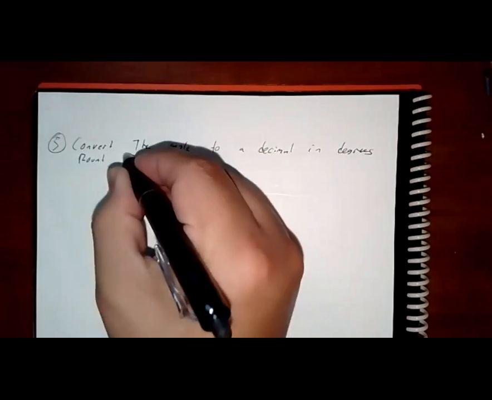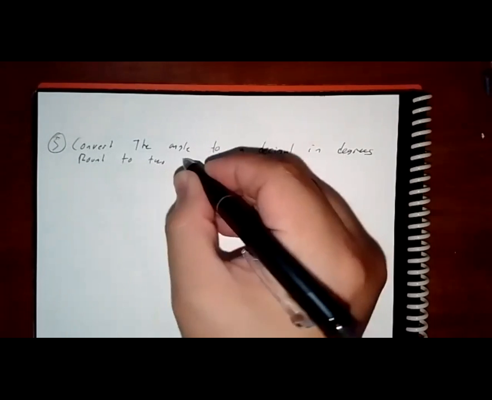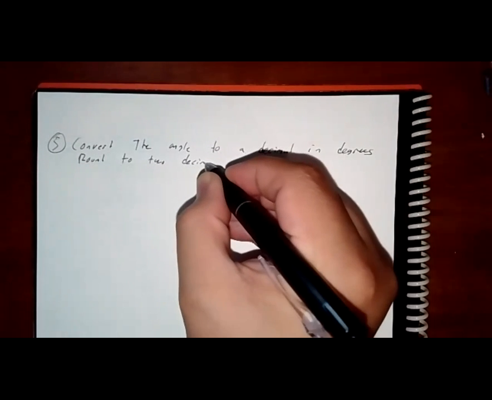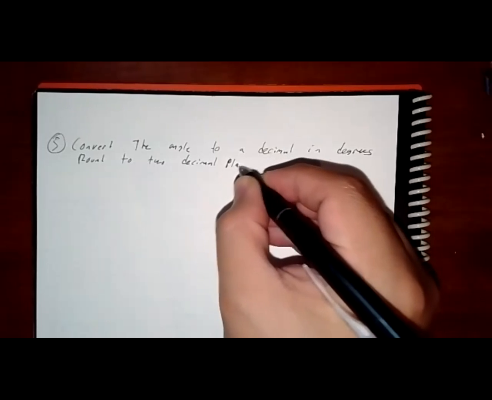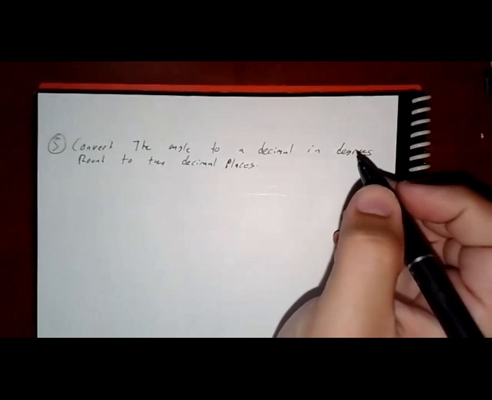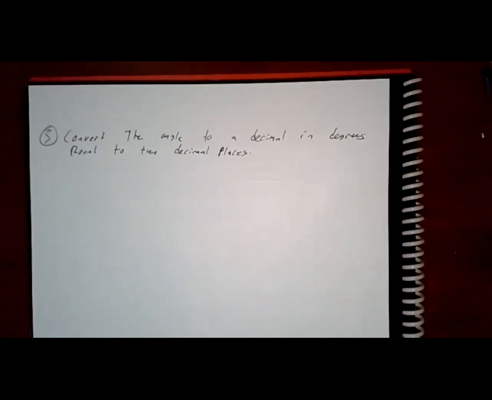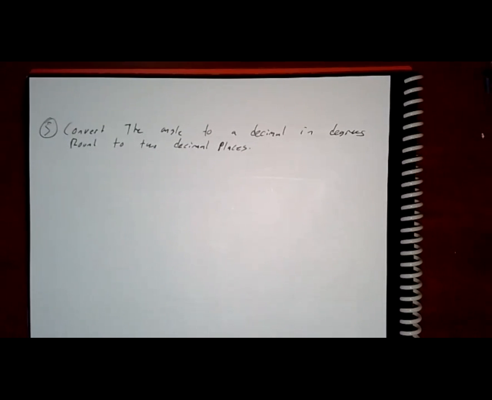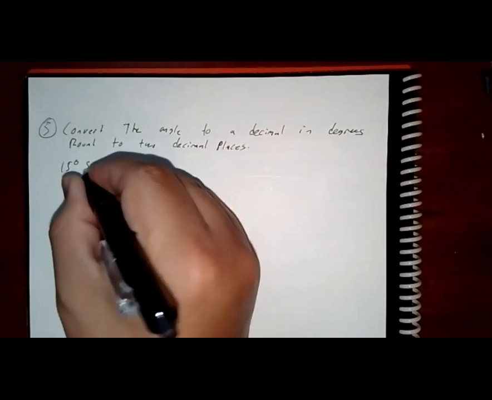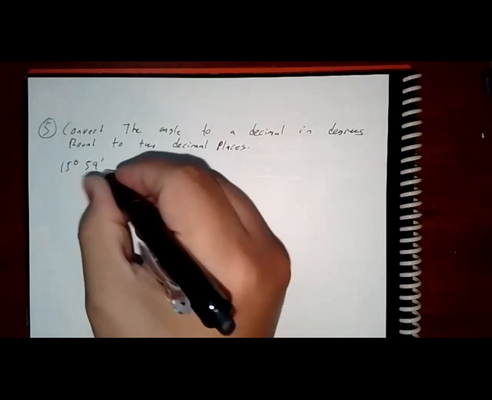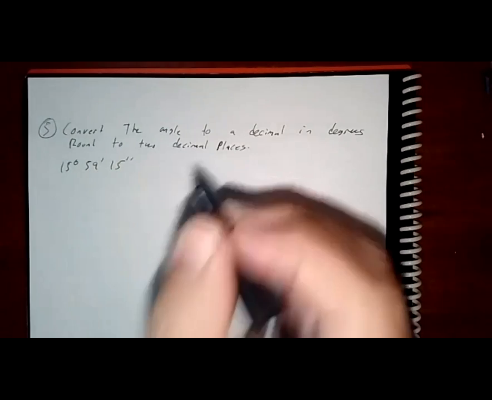Round to 2 decimal places. 15 degrees, 59 minutes, 15 seconds.